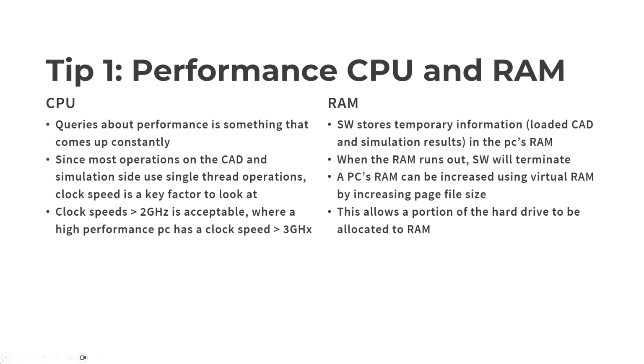If you open up your task manager and go and find the clock speed, you'll see it's going to be either between 2 and 3, or it's going to be just below 2. But when we look at a good computer, it's going to be between, let's say, 2.5 and 3.5. This is a great computer to run simulations or renders, even when you do Visualize. And even for your CAD, this would be really, really acceptable. But if it is around about 2 gigahertz, it's also fine. Your SOLIDWORKS and simulation, everything will work perfectly.